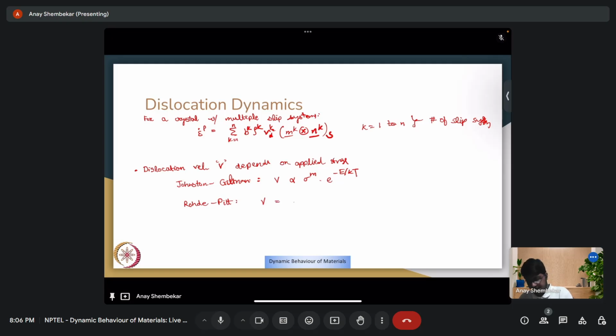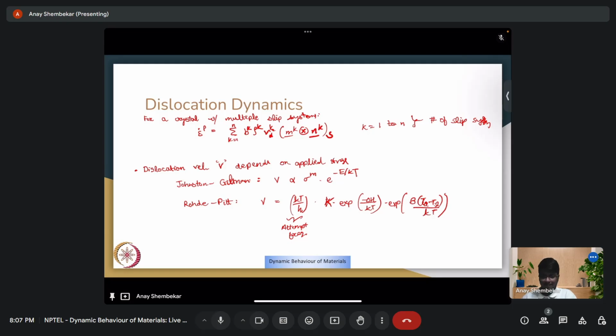Another model is the Rode model, where v is given by kT by h, which is basically your attempt frequency, times K, K being some numerical constant, times exponent of minus delta H by kT. Delta H is the enthalpy of activation, times exponent of b times tau a minus tau L by kT.